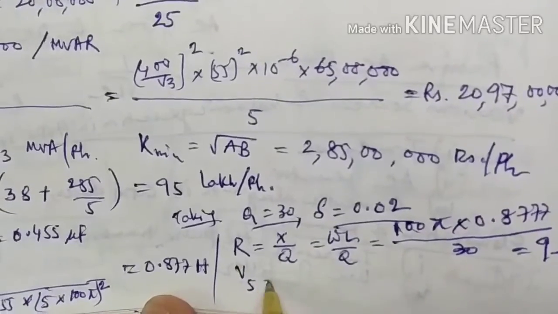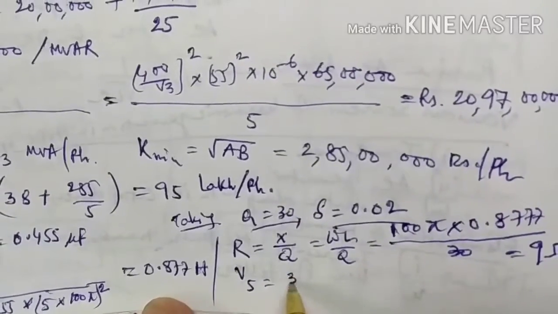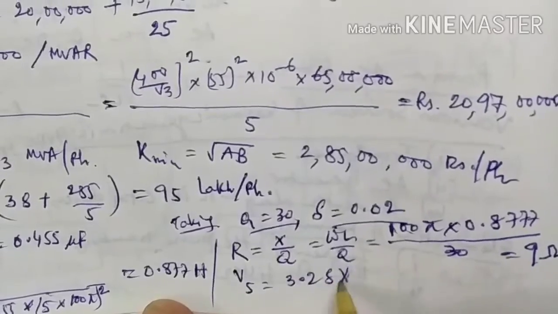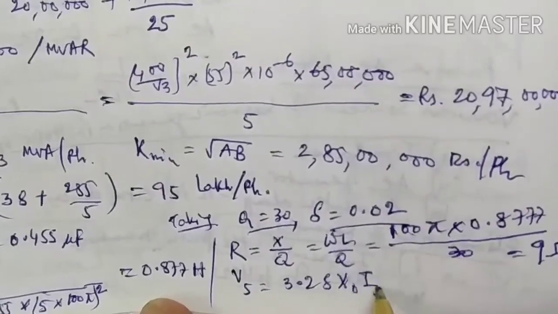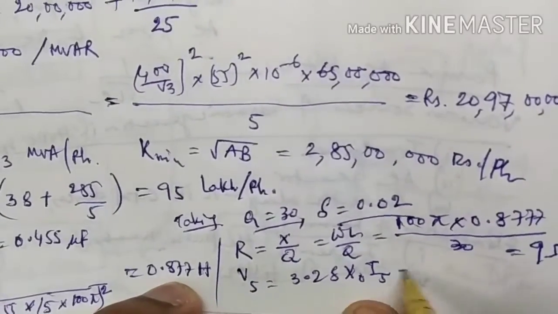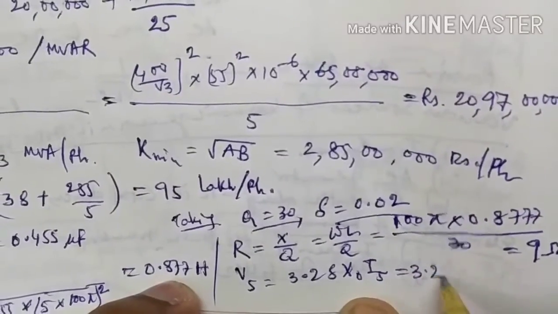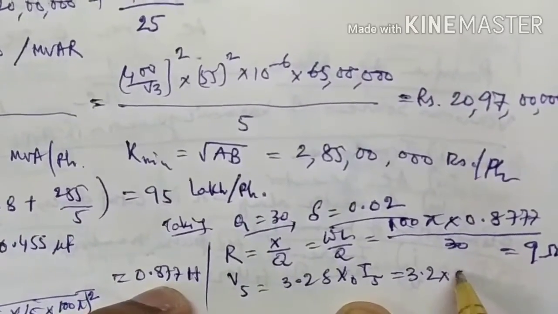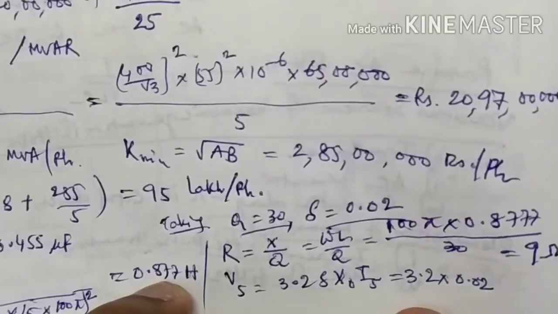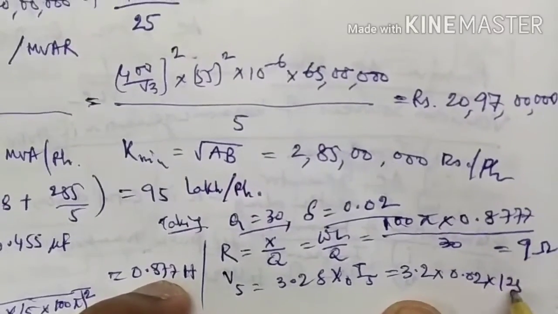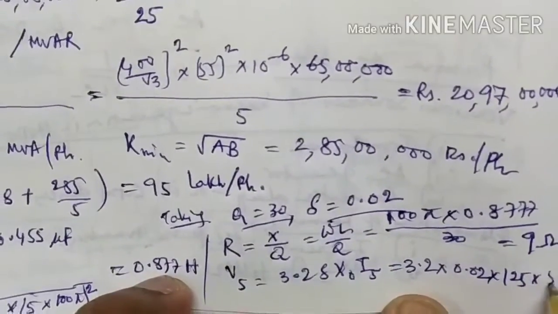And V5 will be equal to 3.2 delta X0 I5. So that will be equal to 3.2 into 0.02 into 125 into 55.